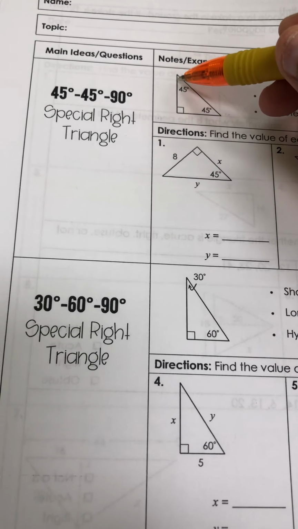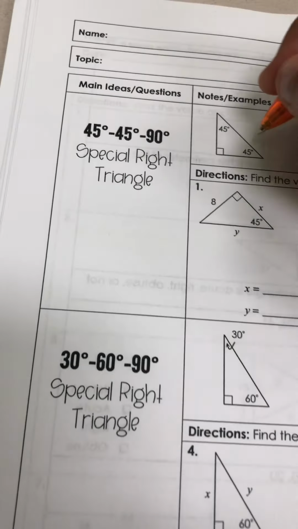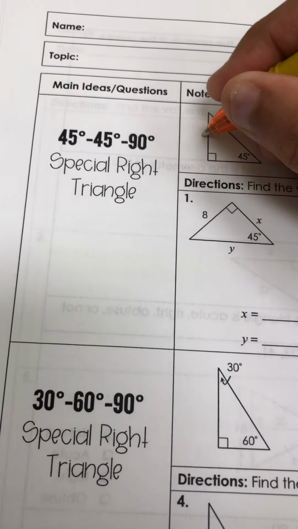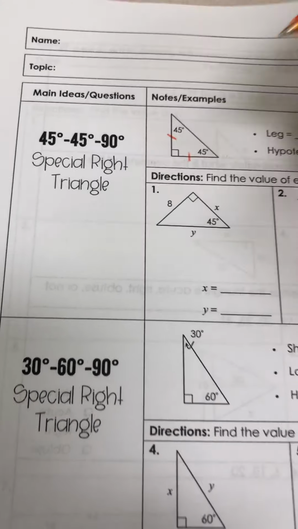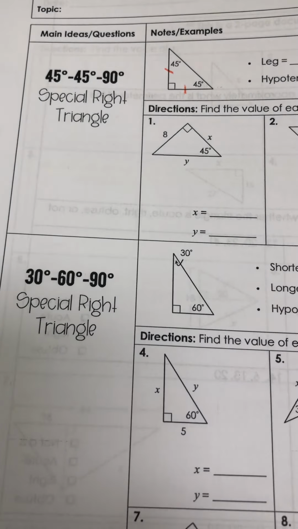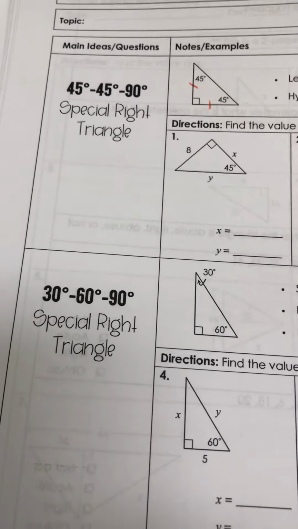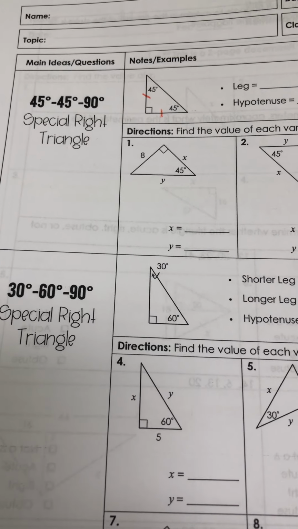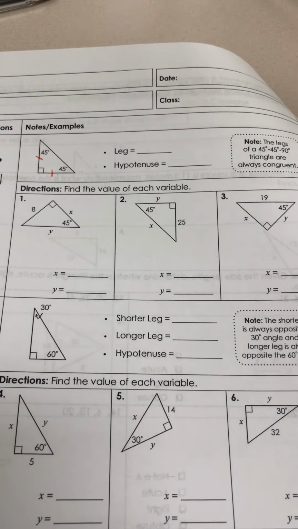So if these two base angles are the same, the sides opposite to these angles would also be the same. This is the hypotenuse in the right triangle and these two are called the legs. The legs of a 45-45-90 triangle are always congruent.